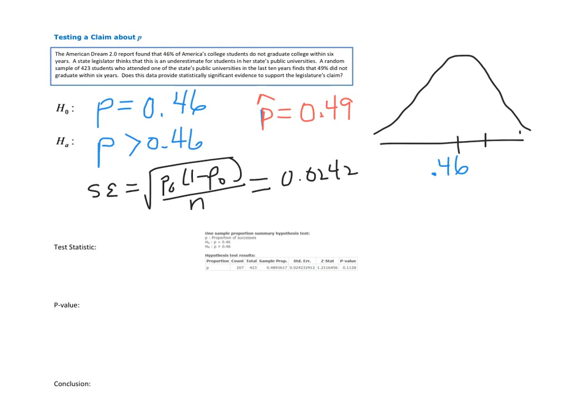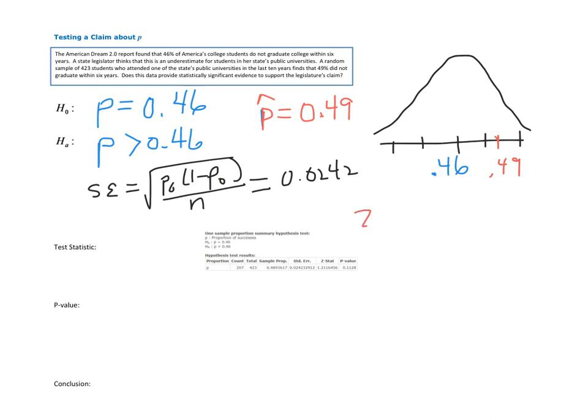So if you mark a couple of standard errors in each direction, what you should be able to immediately see is that 49% is just a little more than 1 standard deviation above the mean. It's right about here. To figure out exactly how close 0.49 is to 0.46, we can of course get a z-score.